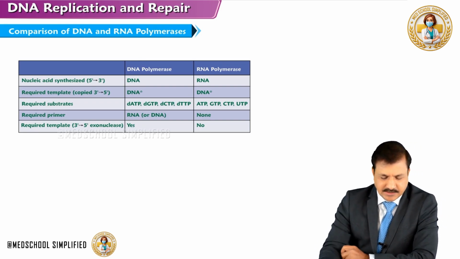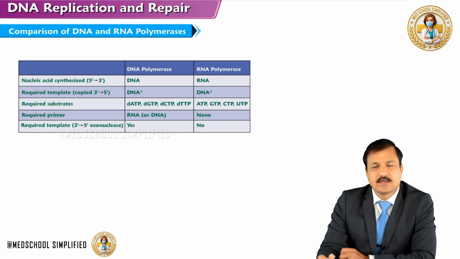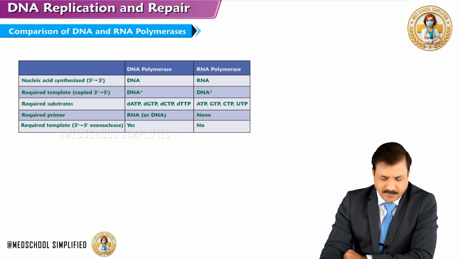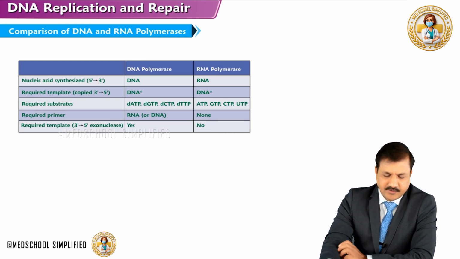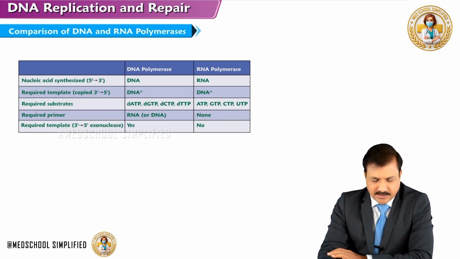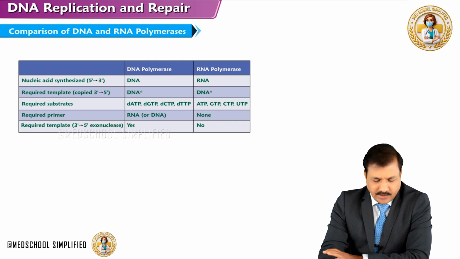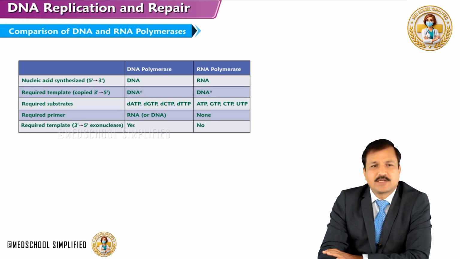The substrates required are deoxynucleotide triphosphates for DNA and nucleotide triphosphates for RNA. For the primer requirement, DNA polymerase requires DNA or RNA, whereas RNA polymerase requires no primer. And DNA polymerase has 3' to 5' exonuclease activity, whereas RNA polymerase does not have it.